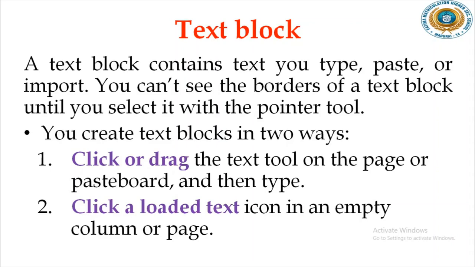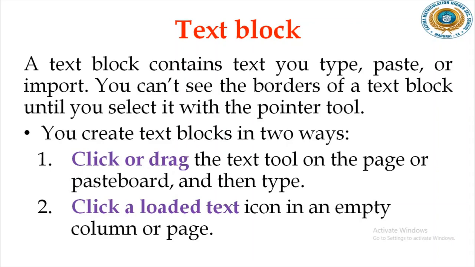So here, how to create a text box? There are two ways. One is to click and drag the text tool on the page or in the pasteboard and then type. Second, click the loaded text icon in an empty column or a page. One is the click and drag method. This is the basic method to create a text block.